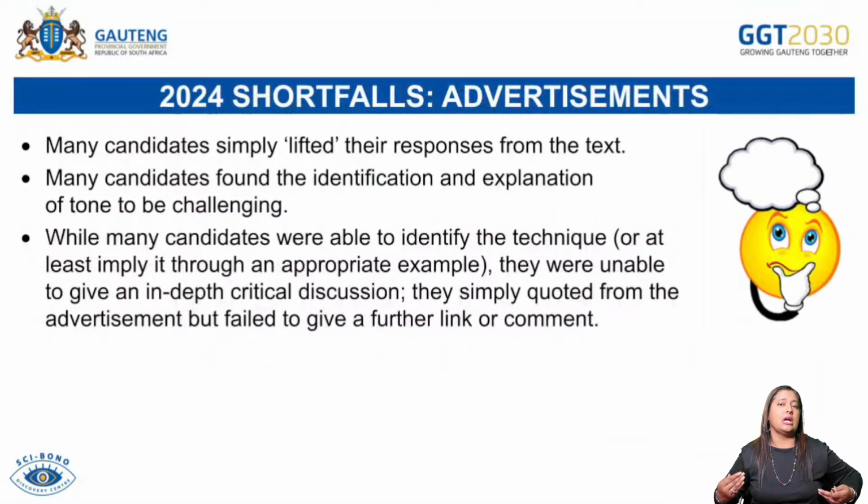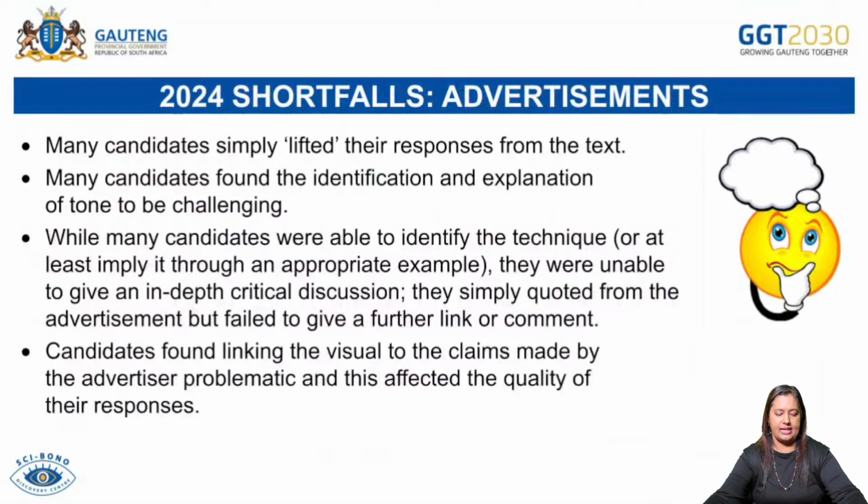That needs to come out more clearly in your understanding. When dealing with identification, the explanation is not coming out clearly either. So think carefully when answering questions about tone, and can you justify that it is an appropriate tone for the advert or the cartoon? That is where we're looking for critical understanding.